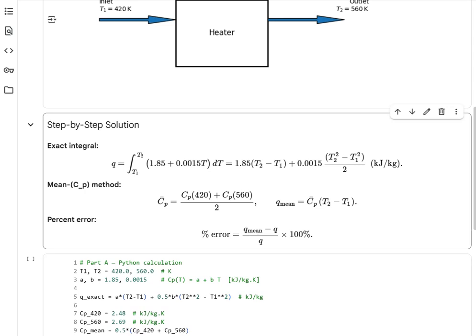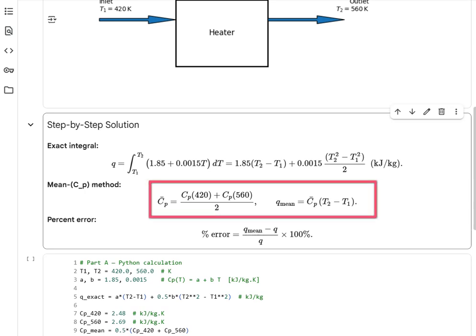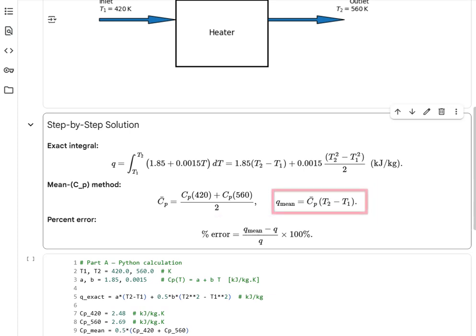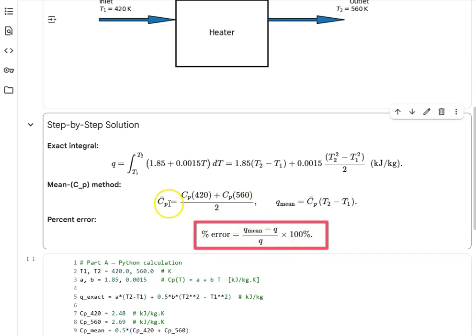When we integrate this expression, we get Q equals 1.85 times (T2 minus T1) plus 0.0015 times one half of (T2 squared minus T1 squared) in kilojoules per kg. In the mean Cp method, Cp mean is equal to Cp of 420 plus Cp of 560, divided by 2, and Q mean is Cp average times (T2 minus T1). Then we can calculate the percentage error, that is, Q mean minus Q exact divided by Q exact, times 100%.